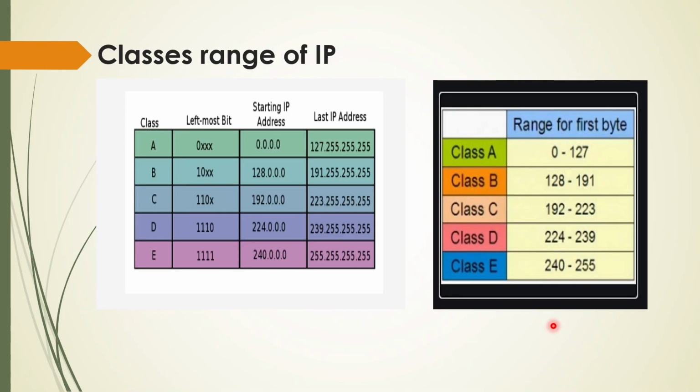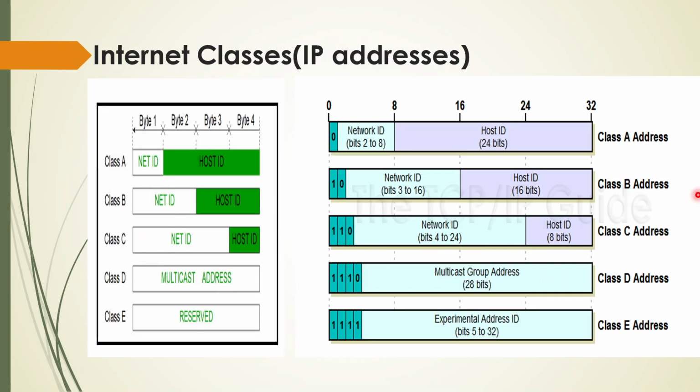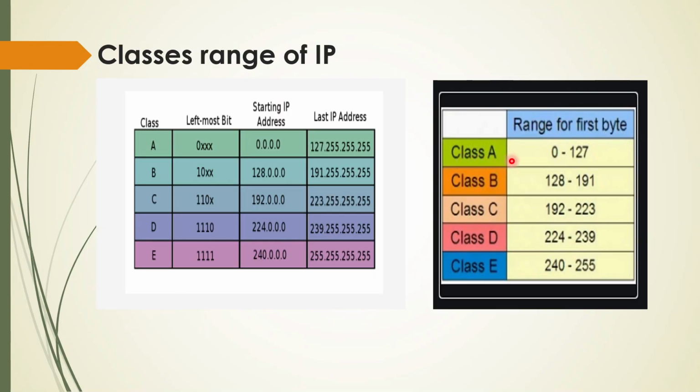Now the class ranges. For IP addresses we have some ranges. For class A we have 0 to 127 for the first byte. For class B, 128 to 191.